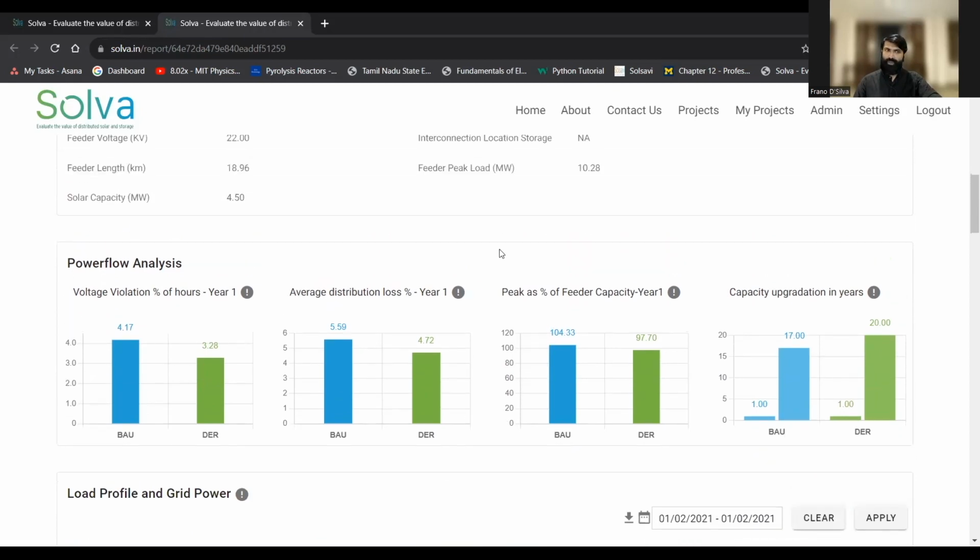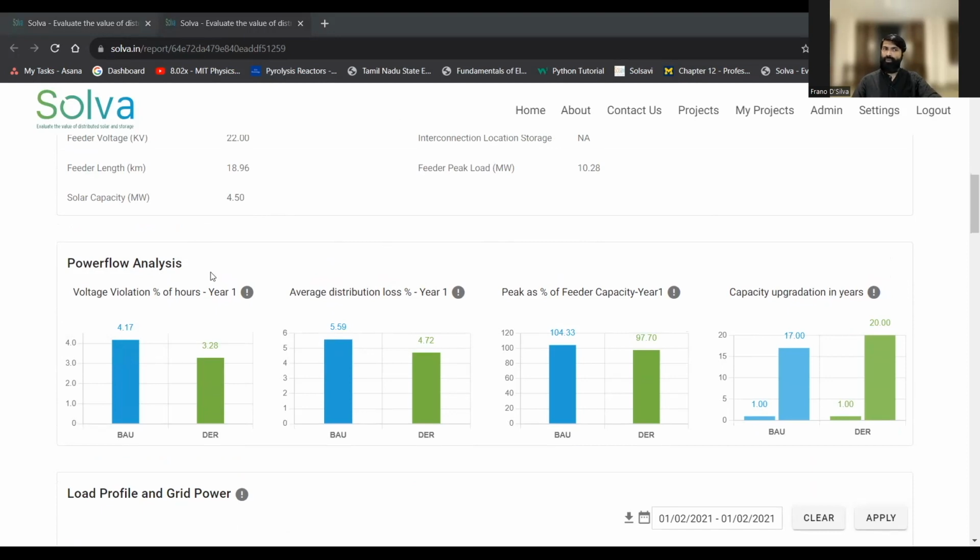For a snapshot, we see that we have got 4 results, that is the voltage violation percentage, the distribution loss percentage, the peak as percentage of feeder capacity, and capacity upgradation.